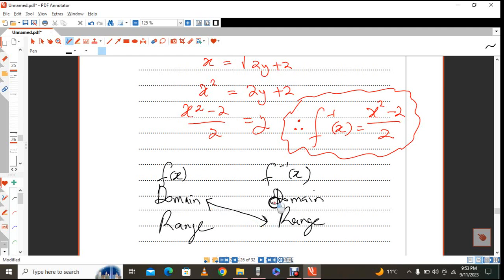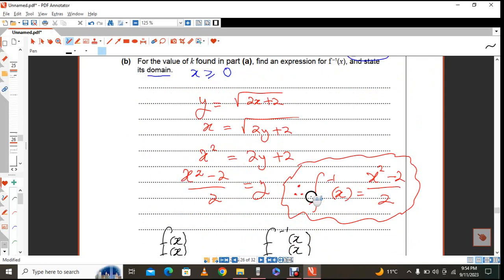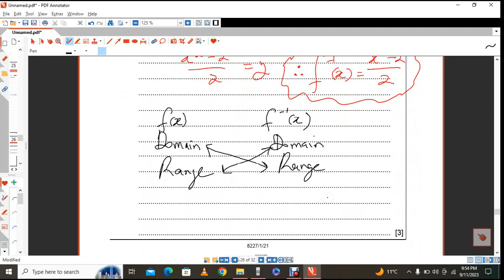And the domain of the inverse is the same as the range of the function. So when I said the range of that function is y is greater than or equal to 0, then that is the domain of the inverse, which we have in this case, if I have to write it again, x is greater than or equal to 0.